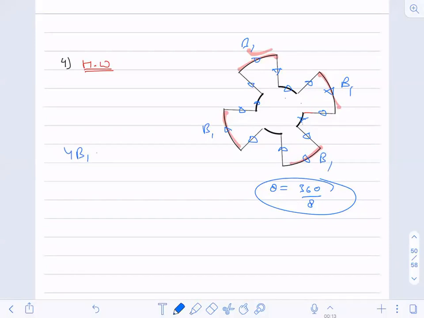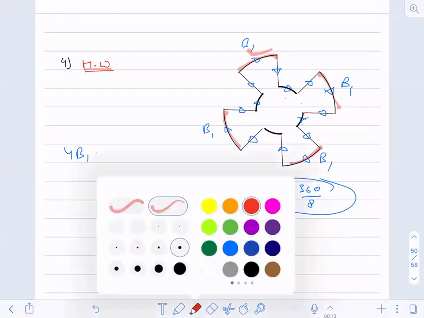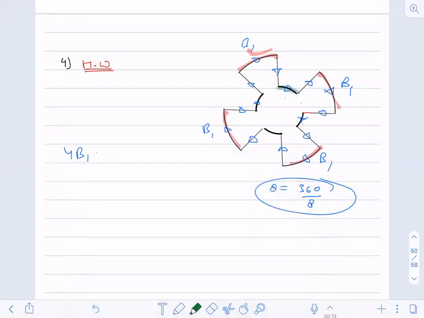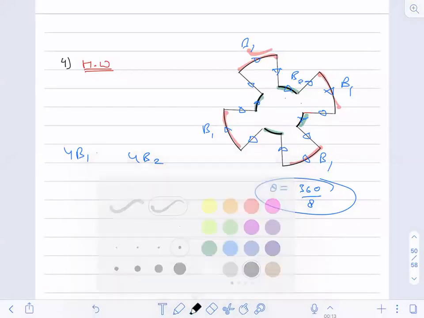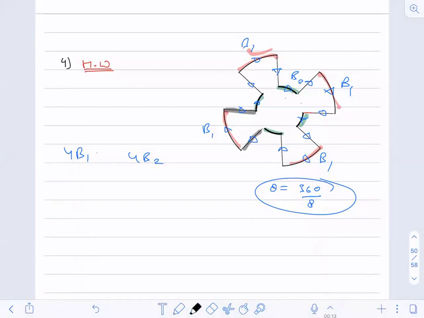Now, the smaller circles, these 4 small circles. This is, suppose, B2. So for that you will write 4B2. Now due to these straight wires, the magnetic field will be 0.